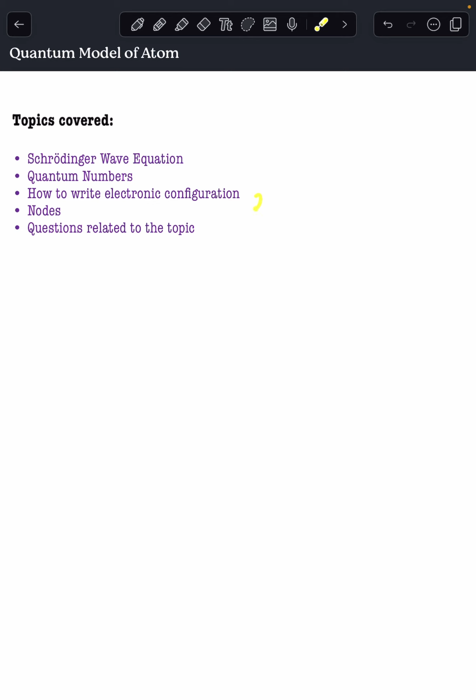And then I'll move towards what nodes are, what they mean, and how to calculate the number of nodes, because direct questions are asked in competitive and CBSE exams. And I will then be discussing some hand-picked important questions and PYQs related to this topic. Alright, so make sure you watch it till the end.